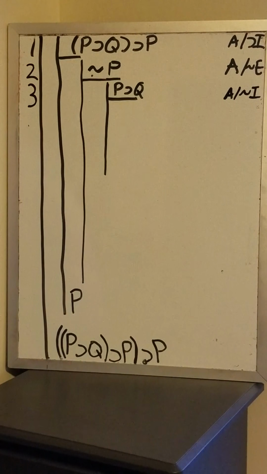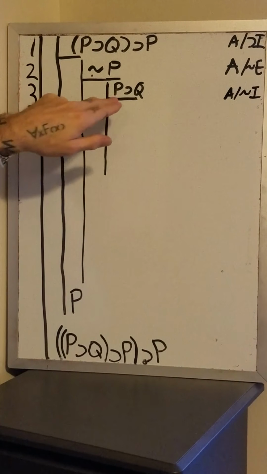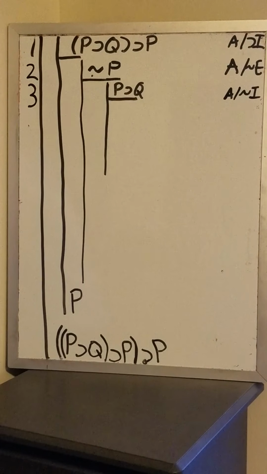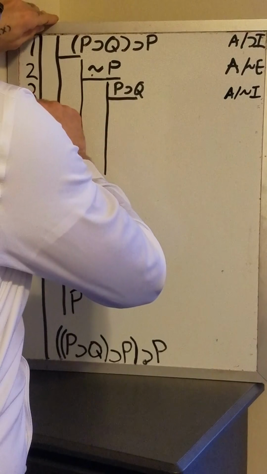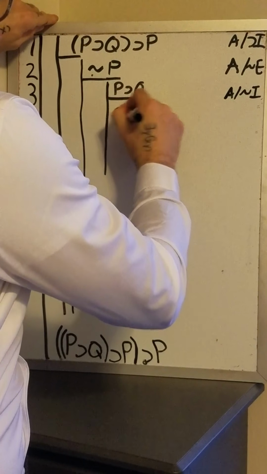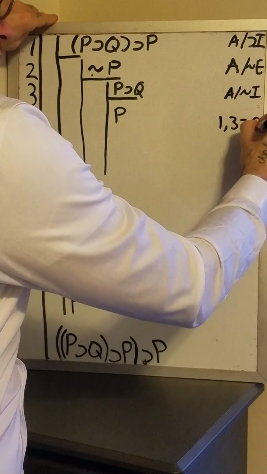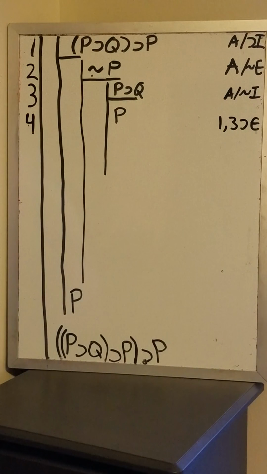So first let's try to get not if P then Q. So we'll assume if P then Q for purposes of negation introduction. So that gives us P from lines 1 and 3 in conditional elimination. Okay. And now we can reiterate not P into that subderivation.